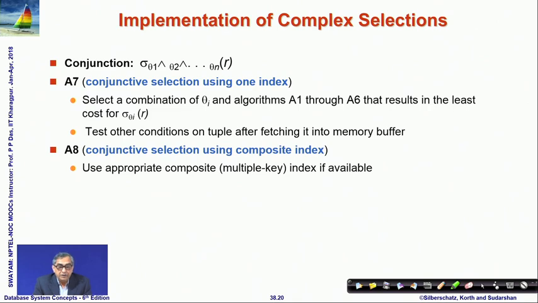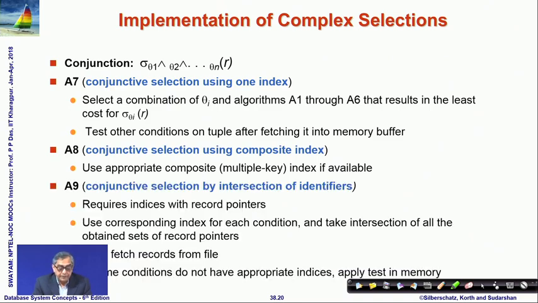But if we have some multi-key index which is an appropriate composite index, then we can use that and more directly get the result, which will be more efficient. Or we can do conjunctive selection by intersection of identifiers, which requires indices with record pointers. We will use the corresponding index for each condition and then fetch the records, which is simple to understand.